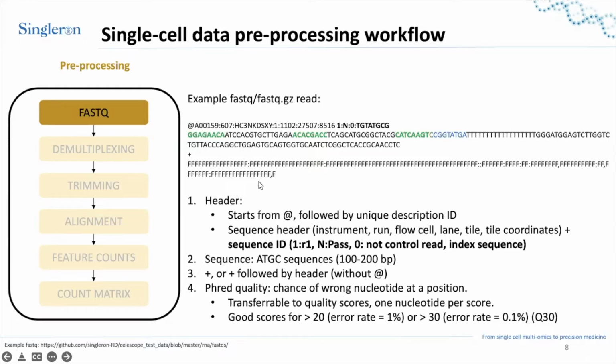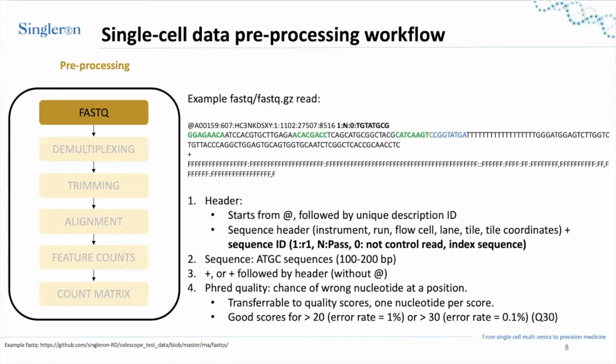And the last row of this read is a string of read quality scores, where it represents the percentage of having a wrong nucleotide at a specific position.